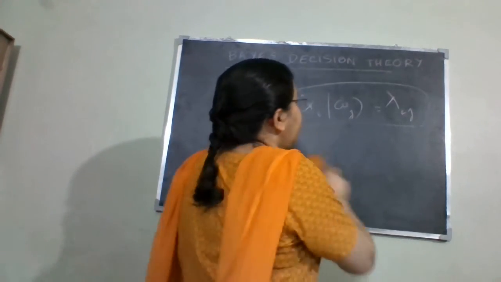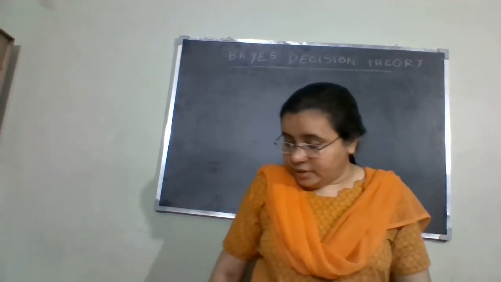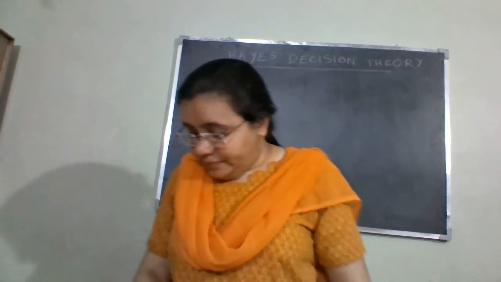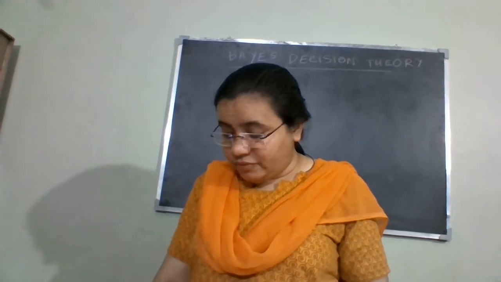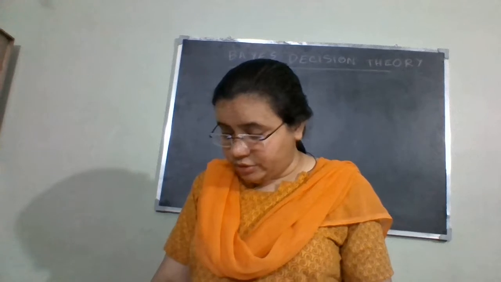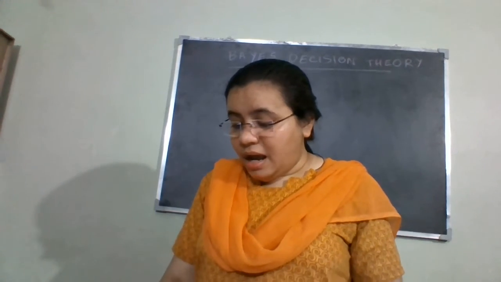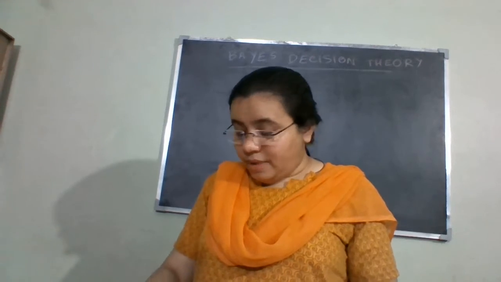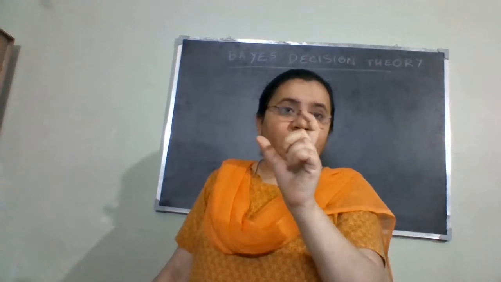If this is clear, I read further: when the true state of nature is omega j, if we write the conditional risk given in equation 13, all of you please look into equation 13. Equation 13 was what we studied last class: R alpha i slash x bar, meaning the feature vector is x bar.